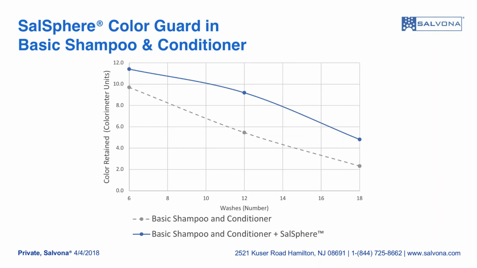When we move to the machine, we find that the results are very much the same. Here you can see that we measure the color intensity after 6, 12, and 18 washes. In all cases, you can see that the basic shampoo and conditioner with the technology always scored higher than the basic by itself.